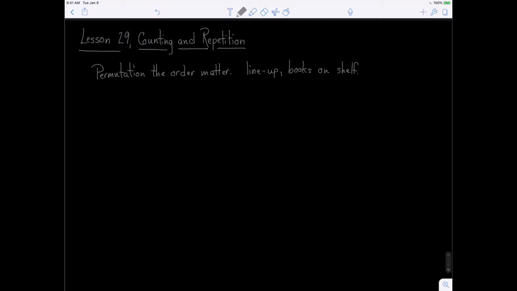But here, what we're going to look at today is called a combination. A combination. And in this case, the order does not matter. And the most famous example would be cards, playing a game of cards.